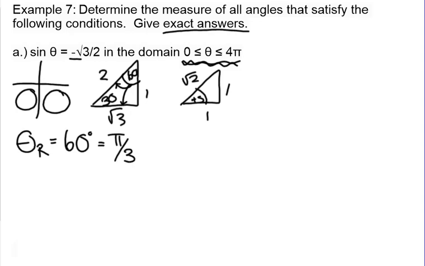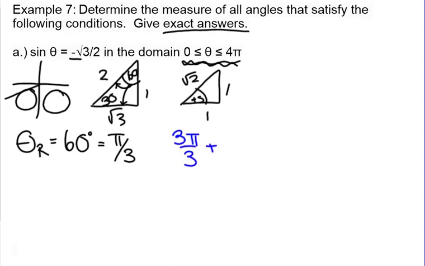With our pi over 3, we are just going to figure out different values. Our first one's going to come after pi. Pi, which is 1 pi, is the same as 3 pi over 3.